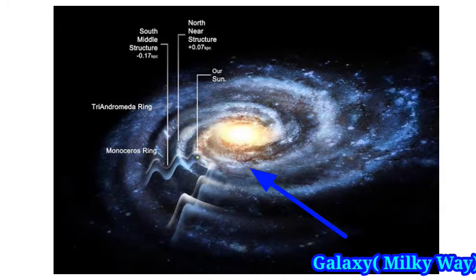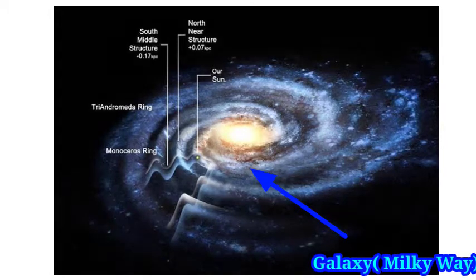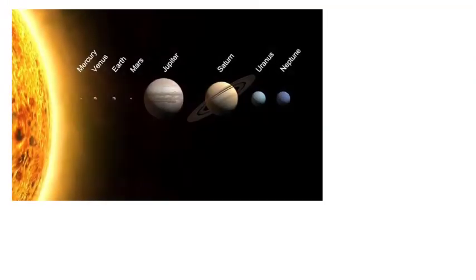Many solar systems are part of this galaxy, and many galaxies like these are part of this space or this universe. So tell me, which planet in this solar system do we live on? We live on the earth in this solar system.